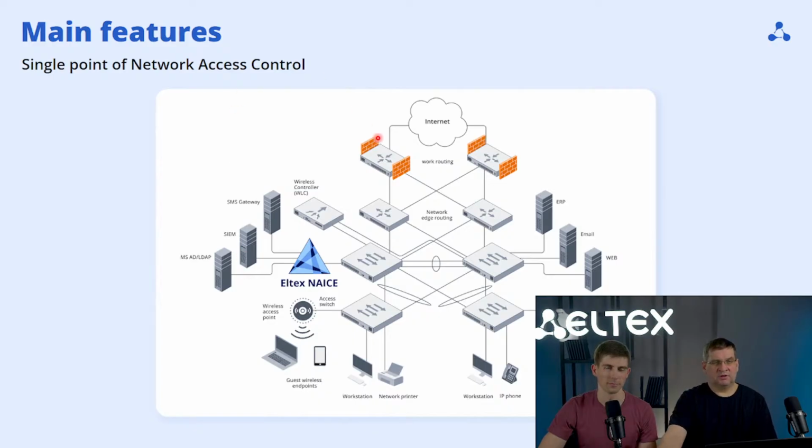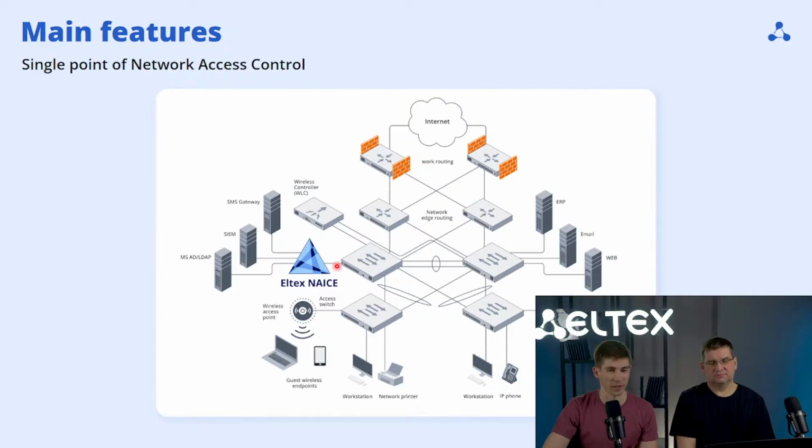Also, we have integration with an SMS gateway, which allows us to authorize users on the captive portal via SMS. And at the end of all of that, we can send all the logs of those activities to a SIEM system or any other log collector using the CEF protocol, Common Event Format.